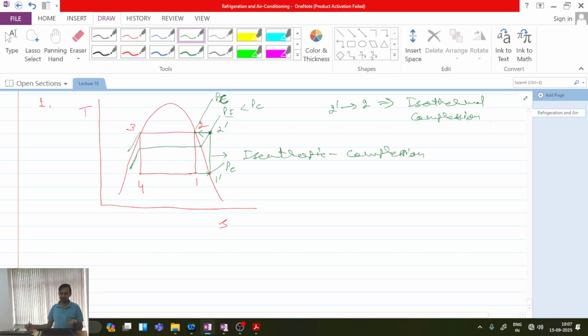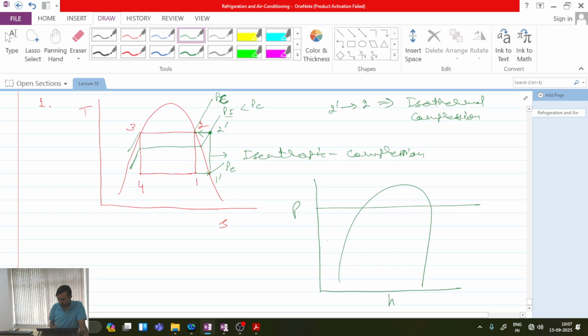Now I have drawn the same thing on the board as well. Now you need to draw the pH diagram. The pH diagram is very simple. Three pressures: PE, PI, PC.